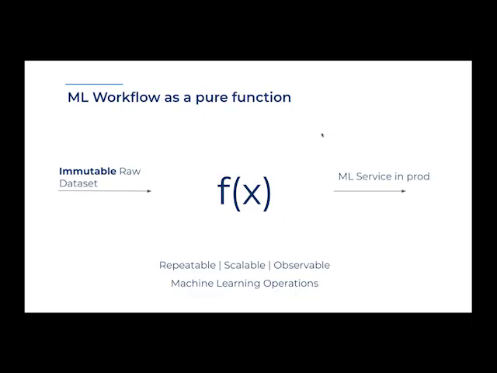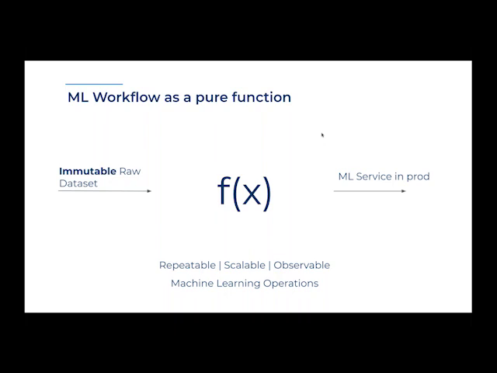And the fundamental concept I would like to encourage you to think about is this whole workflow. We need to imagine it as a pure function that takes the immutable raw data set, applies a particular function, and as an output of this function, we have a machine learning service working in production.